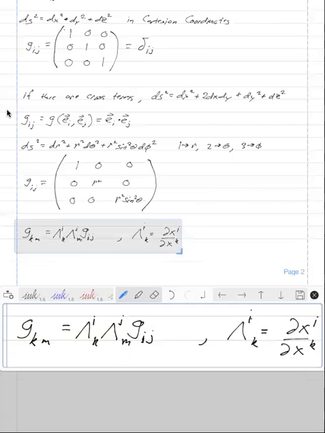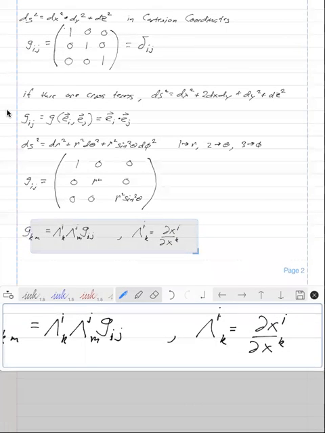And since the Cartesian metric is simply the Kronecker delta, this is a very useful expression to find the metric of any coordinate system starting with the Cartesian coordinate system. If you start with the Cartesian coordinate system, you can derive the metric in any other coordinate system, as long as you know the relationship between the Cartesian and that other coordinate system.